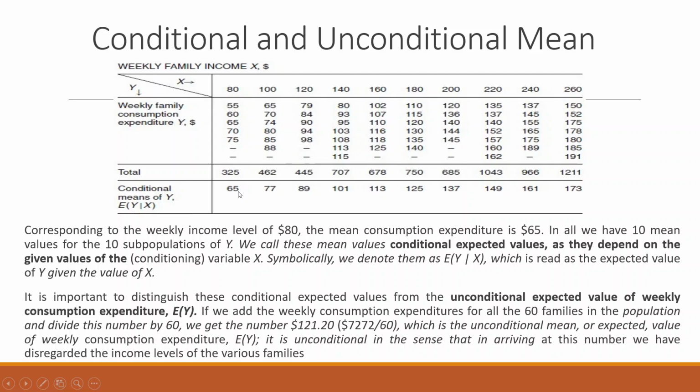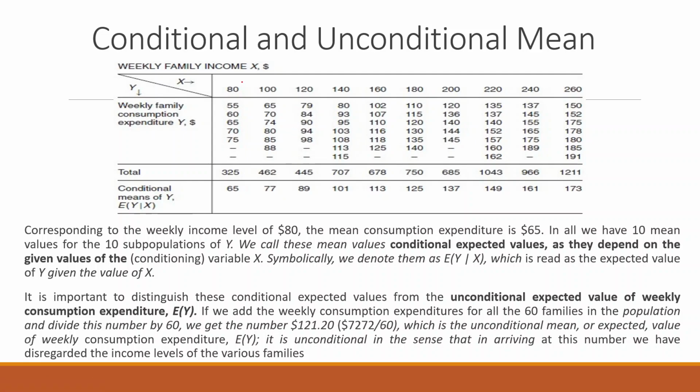So the conditional mean of y for the value of x of 80 is 65. The conditional mean of y for the value of 100 is 77. This is a conditional mean.